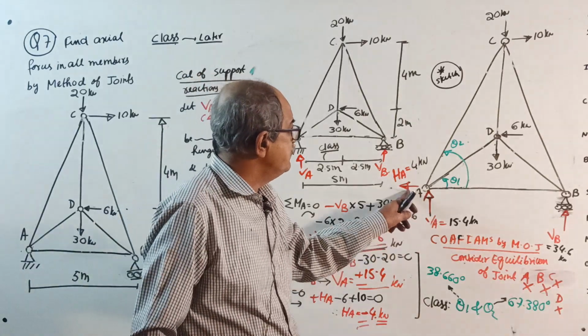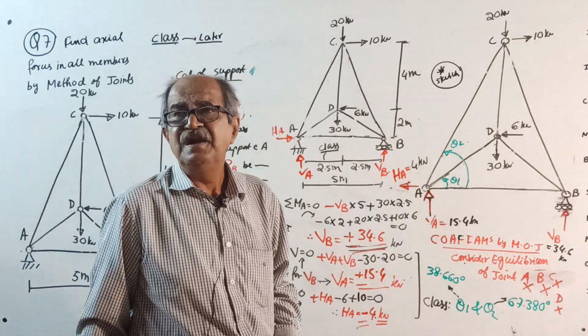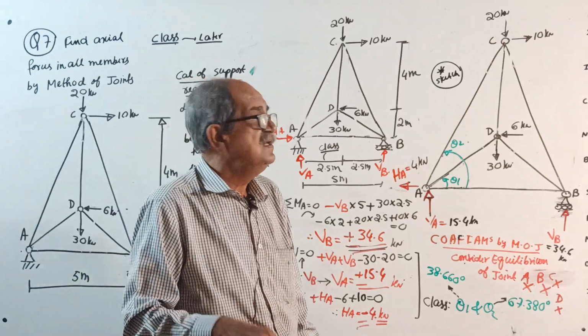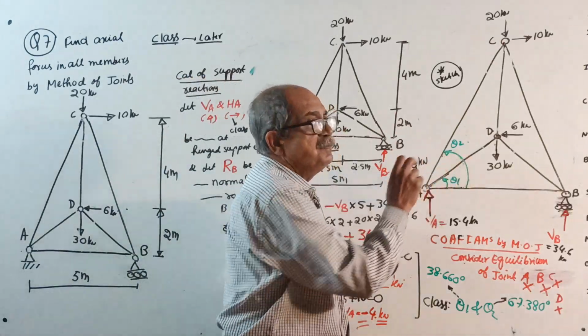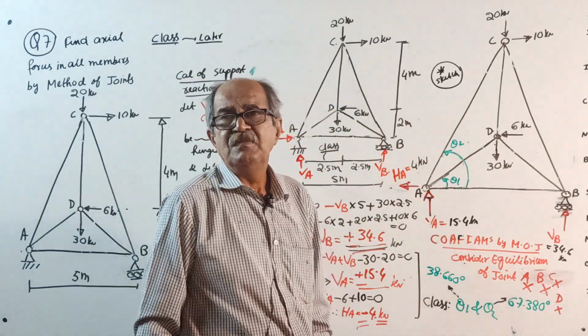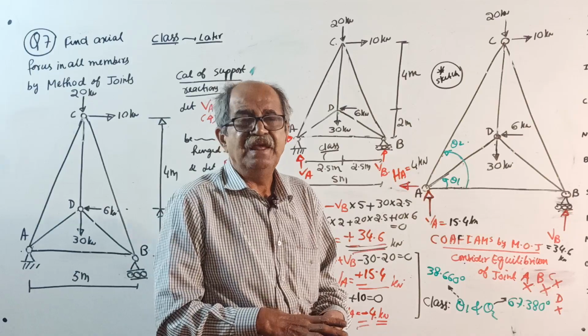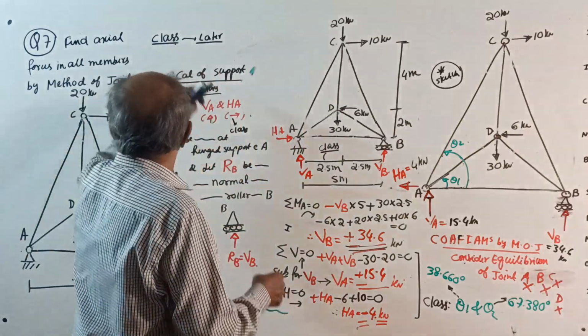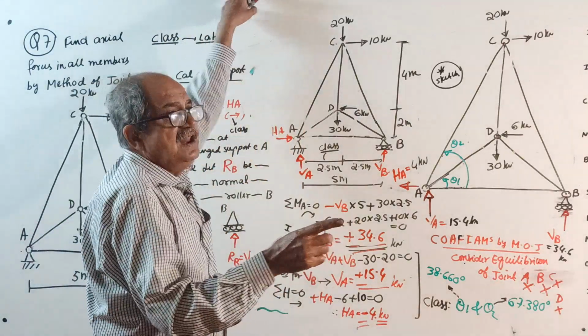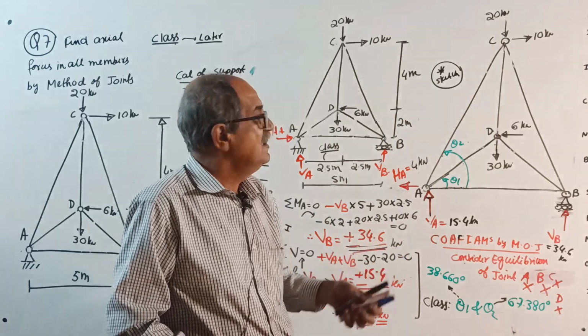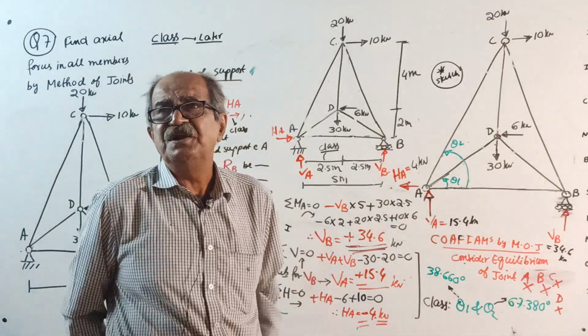Externally, it is determinate. Internally, it is indeterminate. So nobody in the world can solve this question by method of joint. Remember, I knew it deliberately. The reason is that this question was given in one examination.